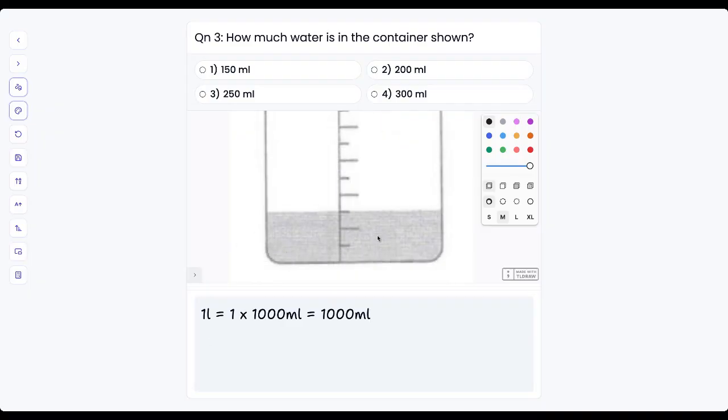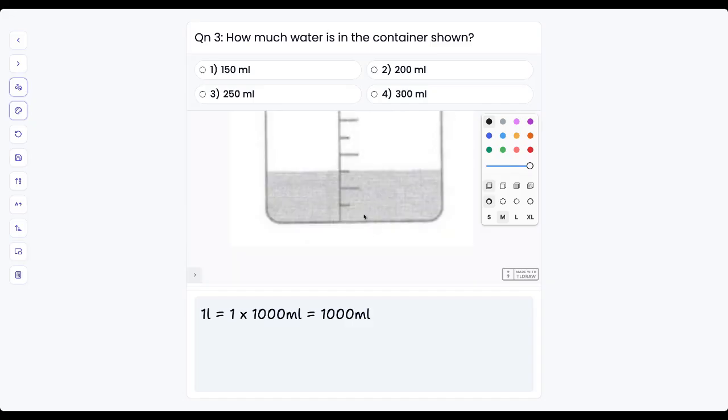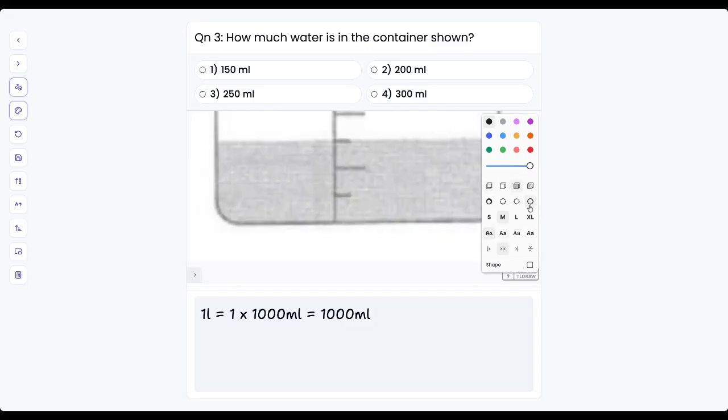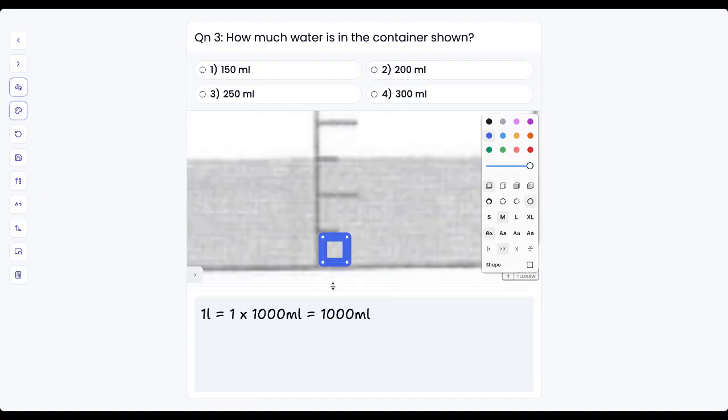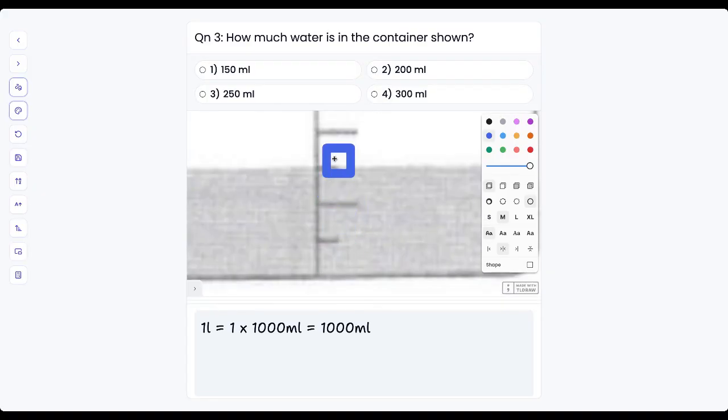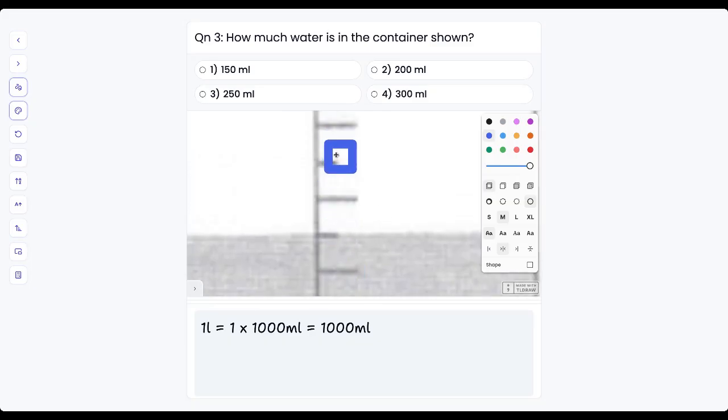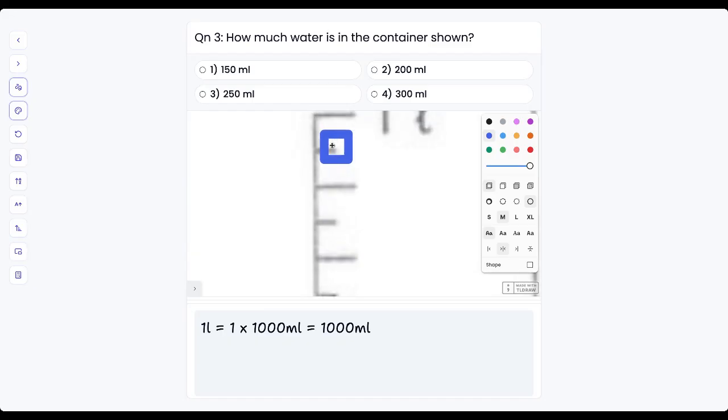Next part is we want to know how many gaps before 1 liter. So in this case, let's put blue because it's the water color. So we could put 1, and then after that we could put 2, 3, 4, 5, 6, 7, 8, 9, and 10.